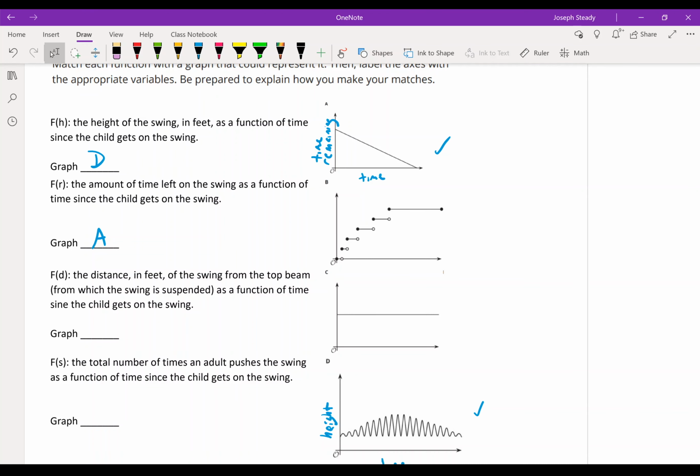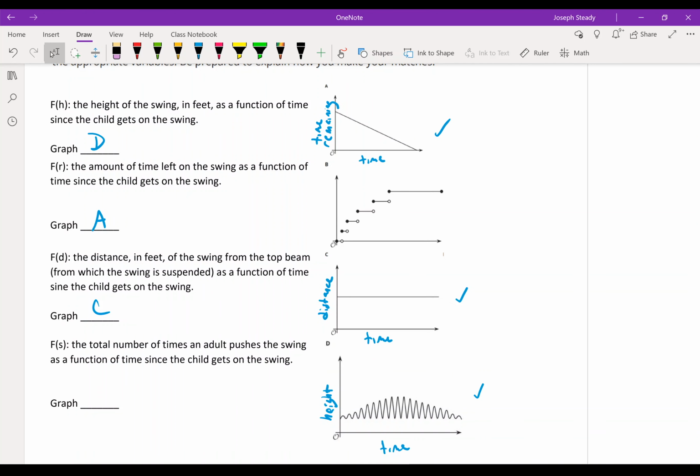So the distance from the beam should be constant. It shouldn't change, which means this must pair up with graph C, and this is time still, and this is now distance. Specifically, distance away from that beam. So graph C. Well, that leaves only graph B, but let's make sure that it works.